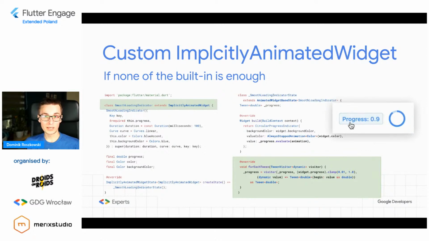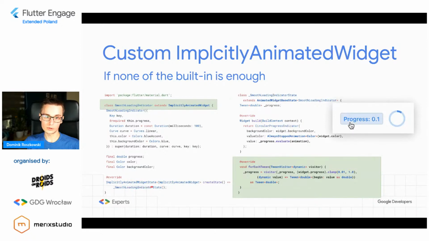Maybe you want to make this animation a bit smoother, so we can use the ImplicitlyAnimatedWidget to make it appear more fluid and more smooth. So what you just need to do is to implement or extend the ImplicitlyAnimatedWidget. And actually, what happens is that it has its own state.